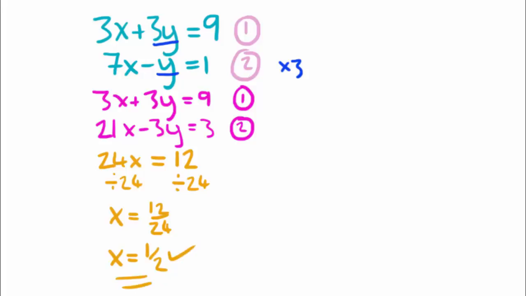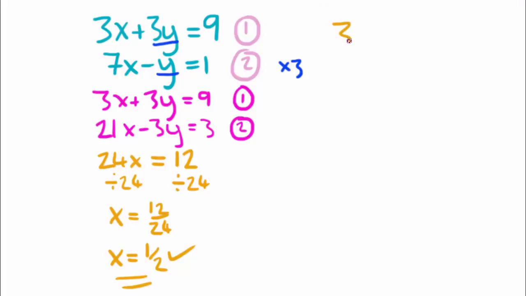What we then have to think of is, well, if x equals this, what does y equal? So that's something that we now need to work out. Just double checking just in case I've made a wee mistake for 24x. Yep. Right, so we'll use one of these equations, we'll just use the top one.